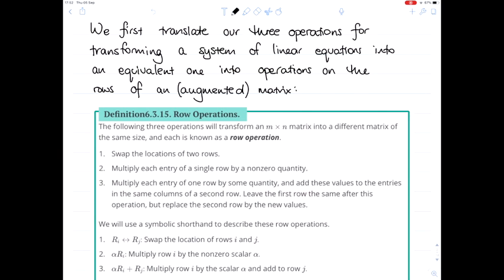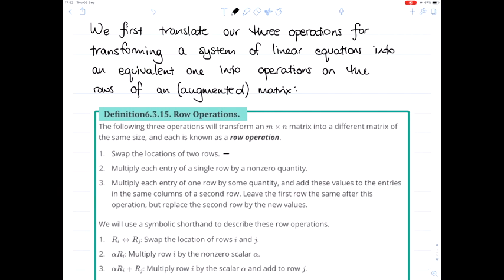So if you remember, we had three operations that we could perform on equations in a system of linear equations, which gave us an equivalent system that made it easier to see the solution. The equivalent row operations seem almost exactly the same. So instead of swapping two equations, we can swap the location of two rows.